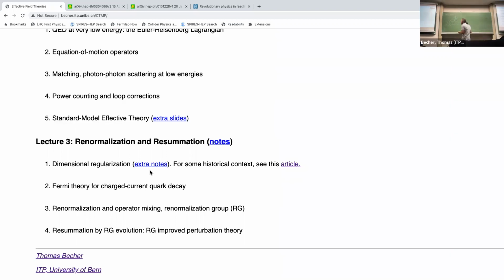In terms of physical scales, there are a lot of different physical scales now in this problem. On one side, draw the energy axis horizontally. This is the W boson. This is the highest scale in the problem, the highest scale where we see some explicit physics here.